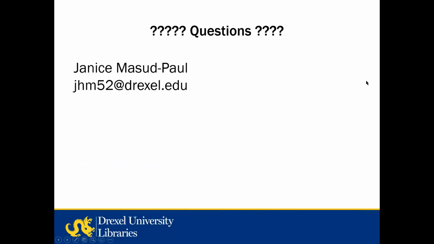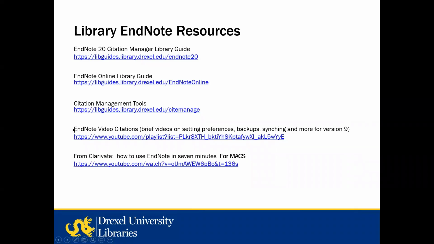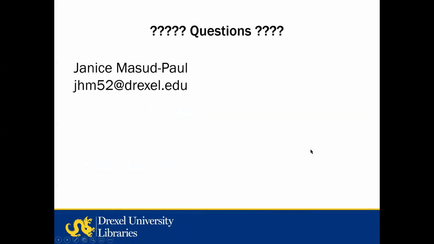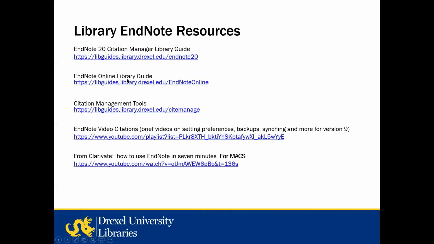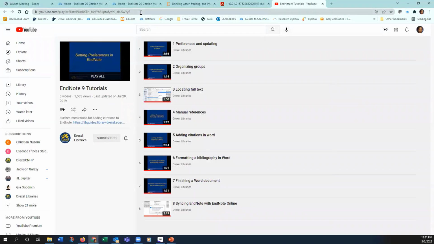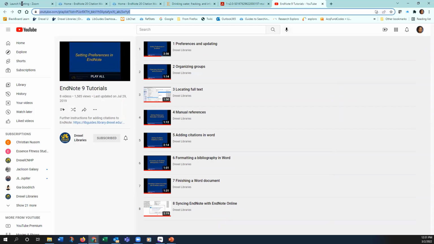I'm going to try to put this in the chat. And it's not allowing me to do that. Try one more time. I might be able to do it from the library guide. Let's just click on it. Okay, we'll do it this way. I'm going to put this in the chat.